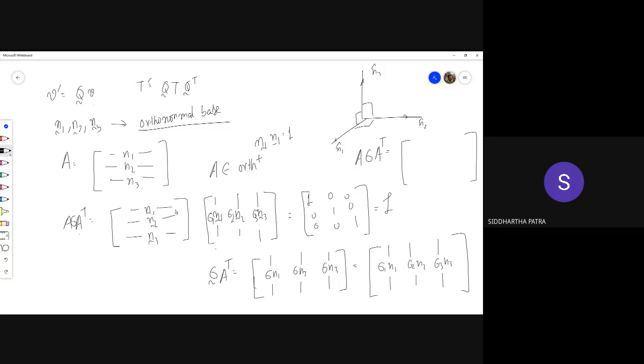So if I do this product, instead of an identity matrix, I would get a diagonal matrix with three principal stresses. Is it clear to you? Yes, sir. Okay.